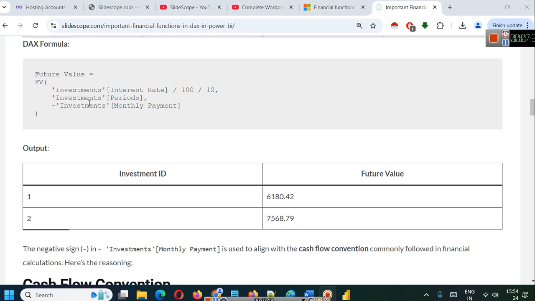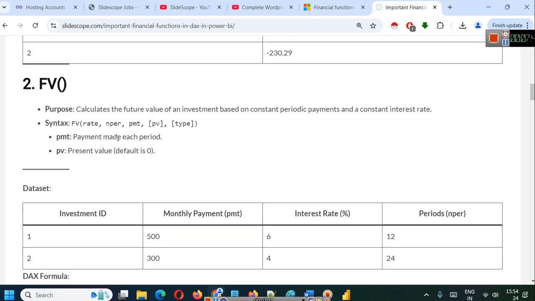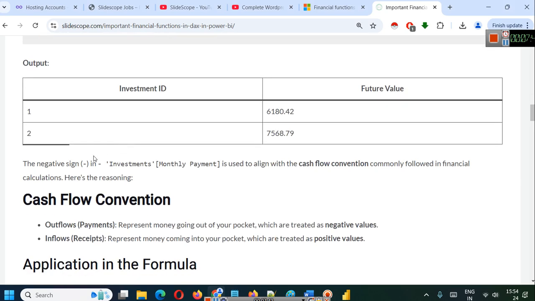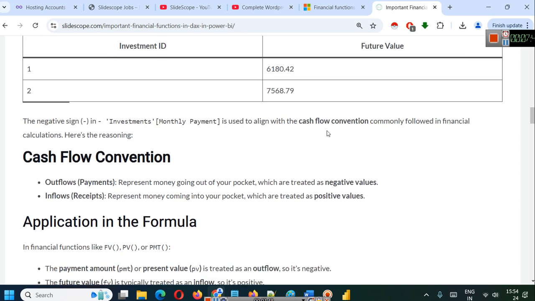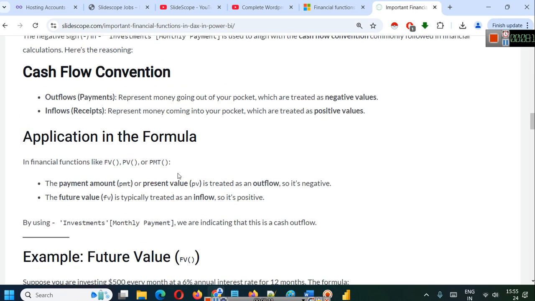If you are wondering why there is a negative sign here or above, the negative sign on investment monthly payment is used to align with the cash flow convention commonly followed in financial calculations. For example, outflow payments represent money going out of your pocket, which are treated as negative values, and inflow payments or receipts represent money coming into your pocket, which are treated as positive values.